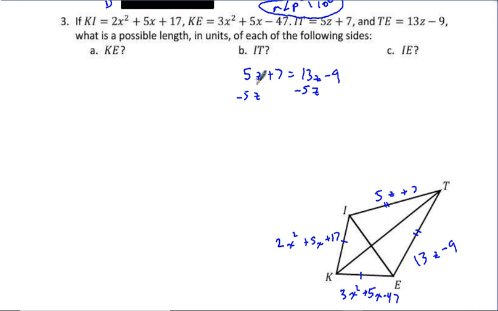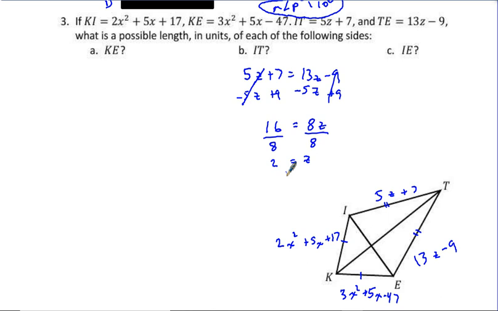Subtracting 5z from both sides of the equal sign, and we'll add 9 to both sides, so that we have 8z on one side, all of our variables on the right, and the constants on the left, 16. At this point, solving to get the variable isolated, z equals 2.